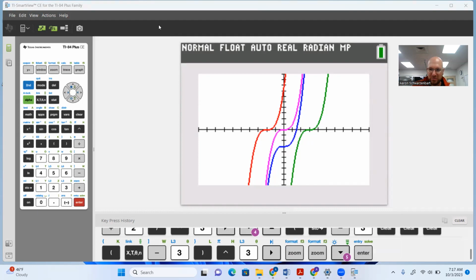I'm going to go back to the whiteboard and we're going to talk about reflections across an axis. One of the keys here is reflections happen before translations. I'll put that in a darker color. Reflections always happen before translations.